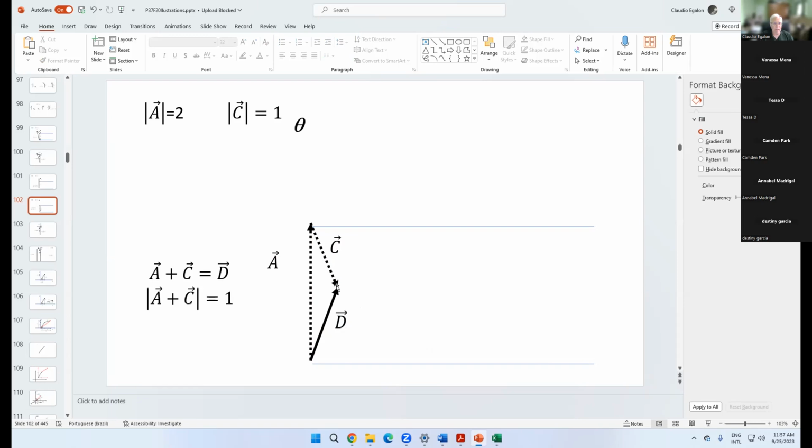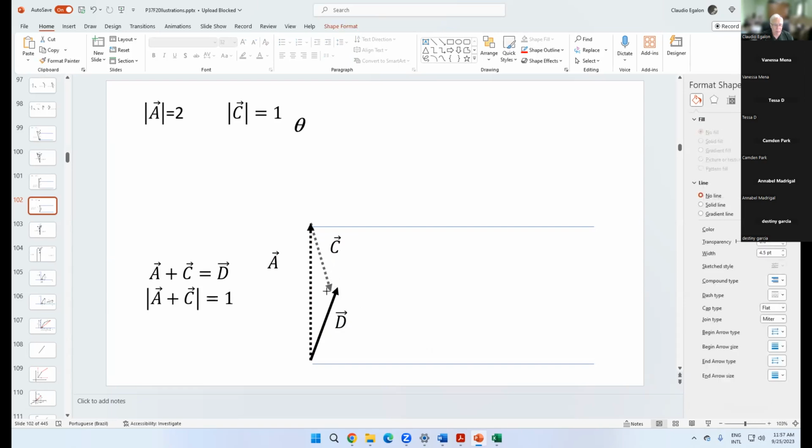That's how we look into that. As this angle goes to 0, vector c becomes anti-collinear. Becomes collinear, but in the opposite direction, right? That's how you visualize it.